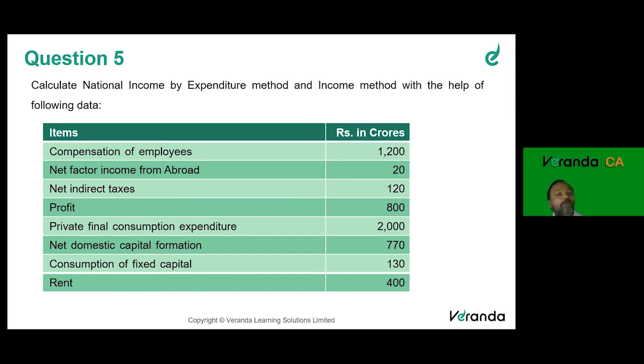And next comes the net domestic capital formation, 770 crores. So it is domestic savings here. Whether expenditure method or income method. Some time before, I told you an example in the money multiplier concept. I will receive some rupees, put 2 rupees into the bank and the balance 8 rupees into the economy.